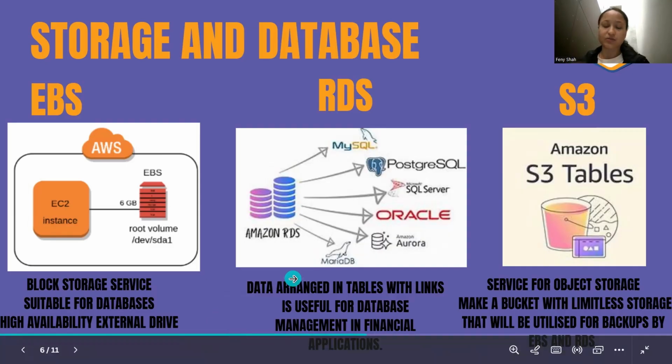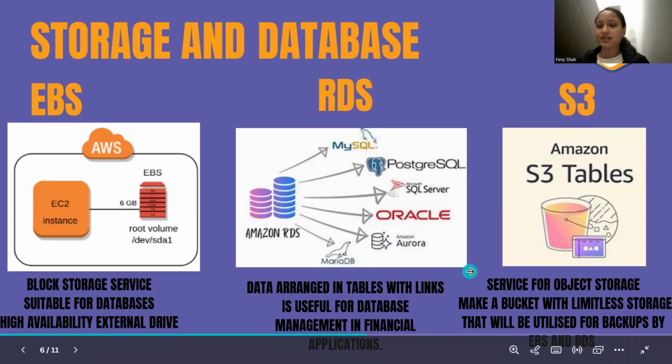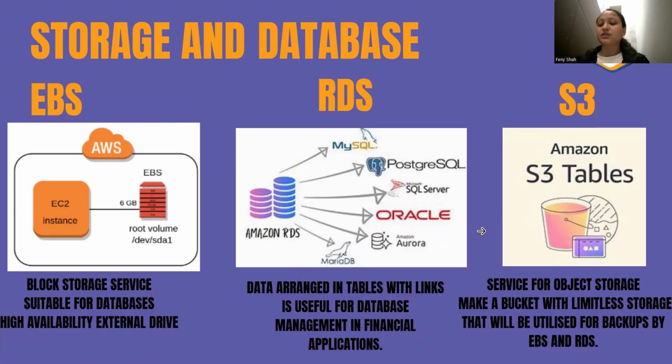It is one of the more popular databases. Next is Amazon S3, a service for object storage with limited storage, which will be utilized for the backup of the EBS and the RDS. So this is really important so that it will keep the backup for EBS and RDS.